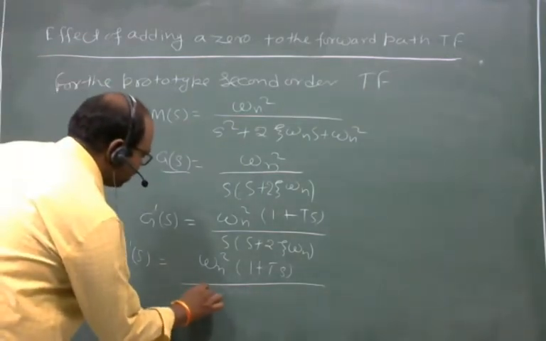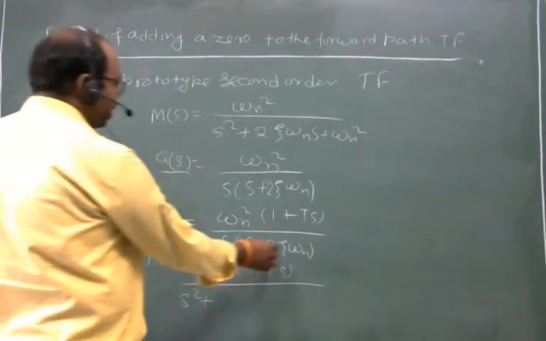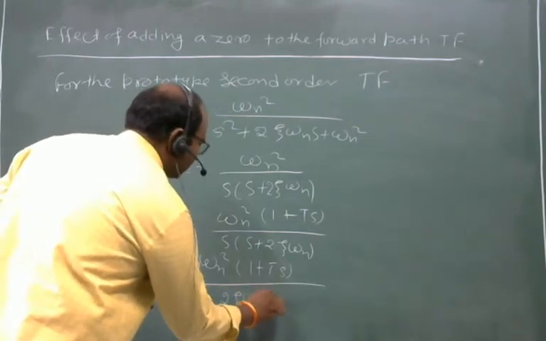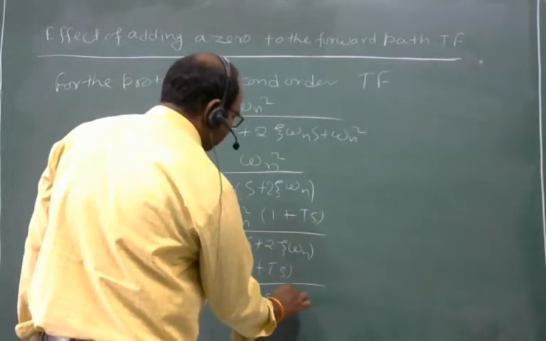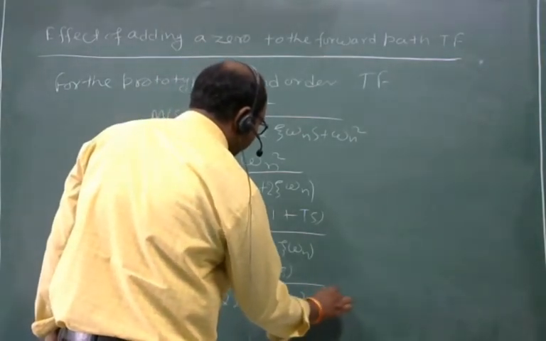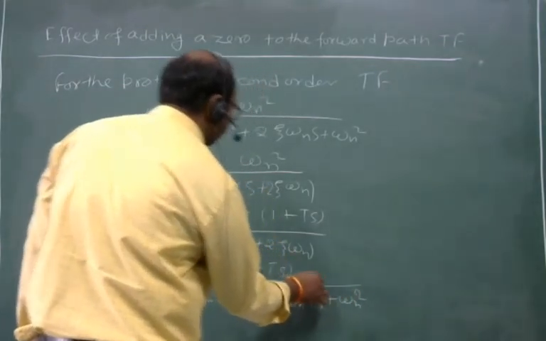s square plus 2 zeta omega n s plus omega n square Ts plus omega n square.